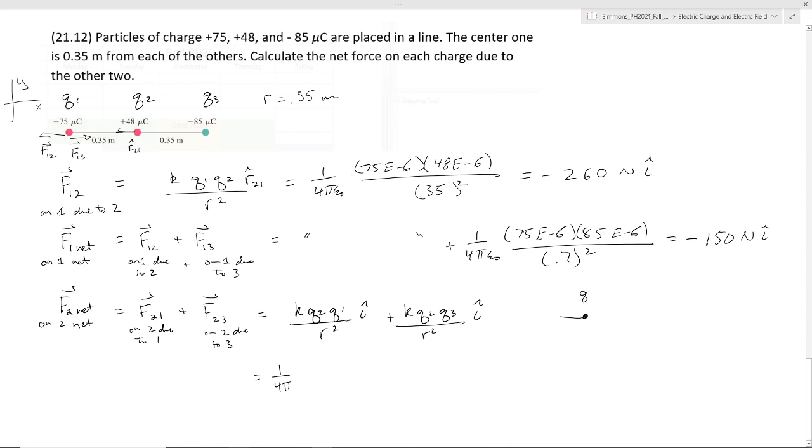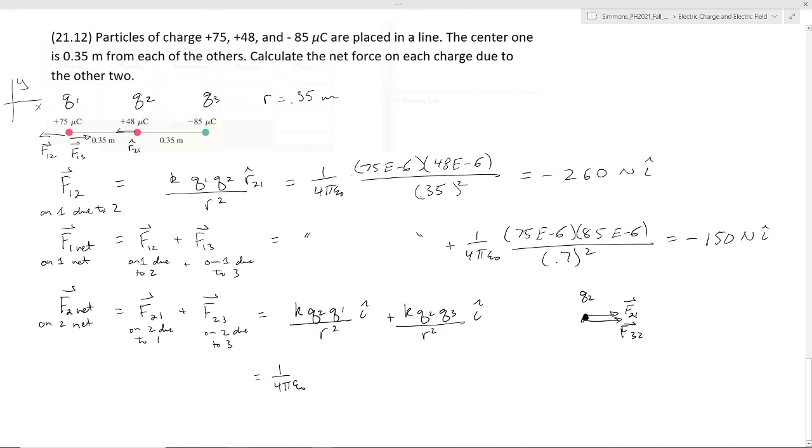If this is Q2, we can see that F1 on 2 would be pointing to the right, pushing it away. But F3 on 2 would also be to the right because it's attracting it to the right. So if in doubt, draw yourself a little picture to help keep track of directions.